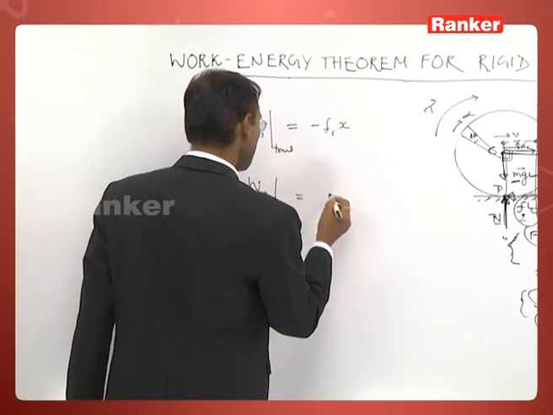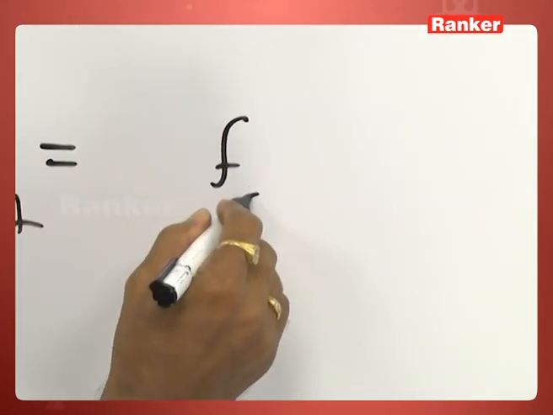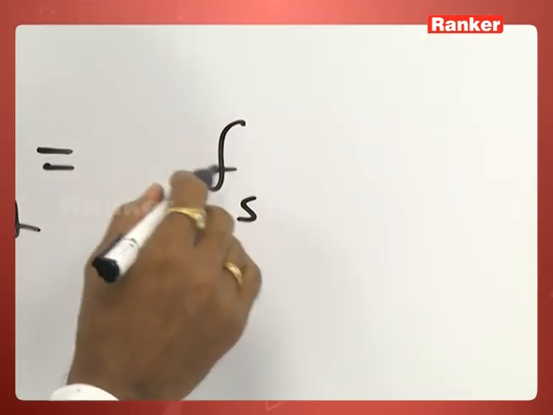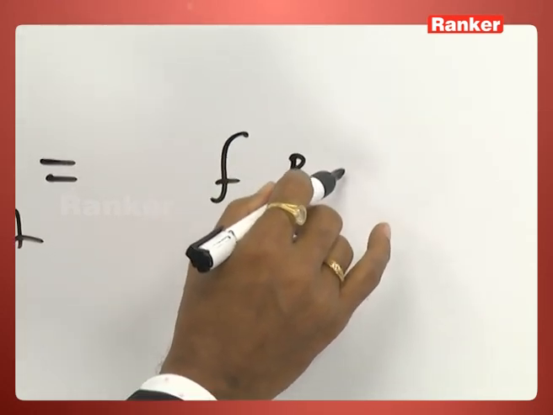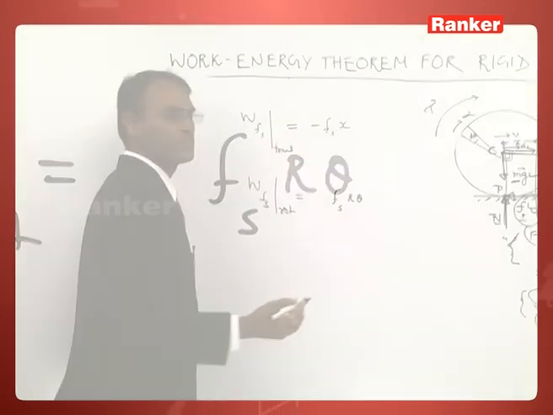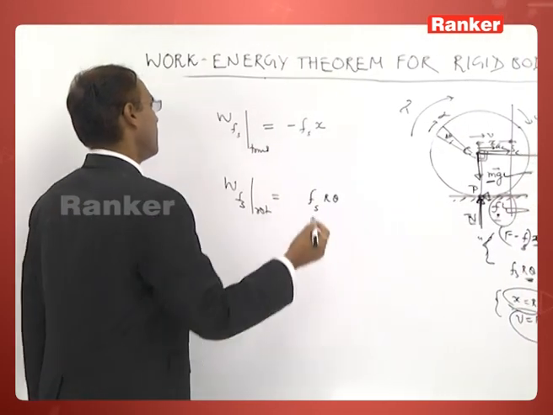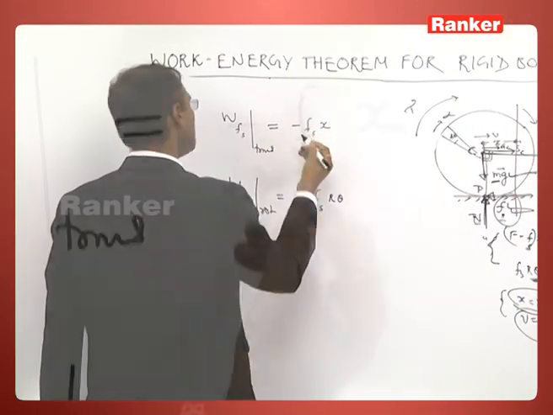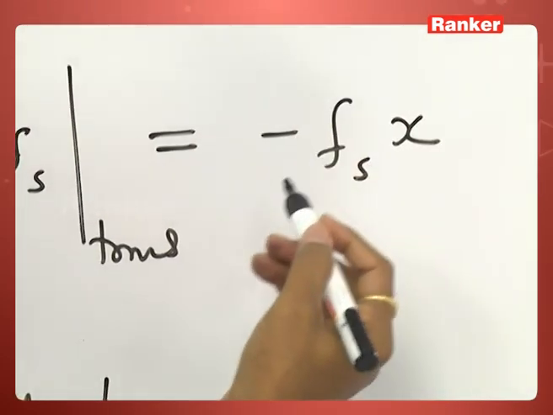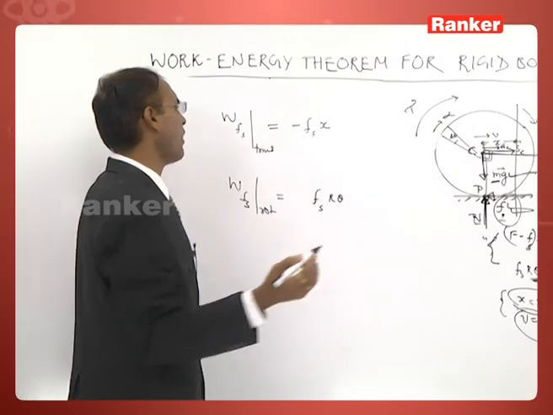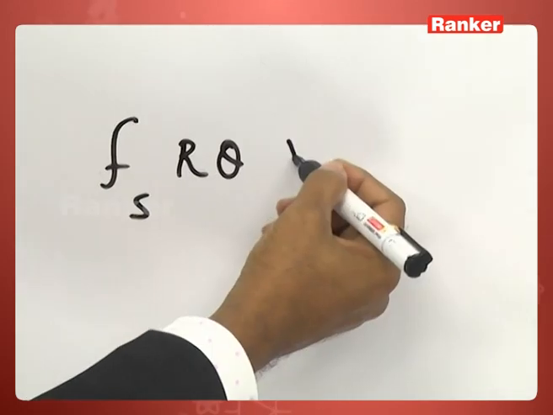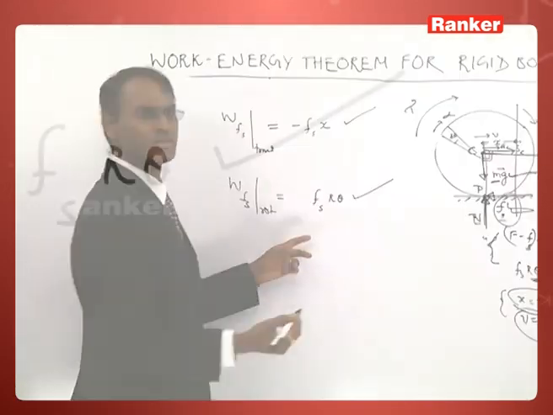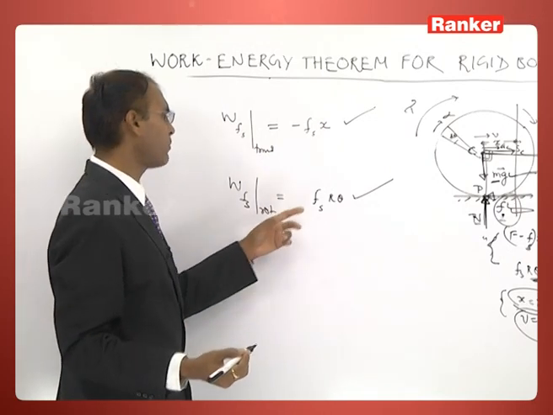And for rotation, it does a positive work, that's equal to Fs into R into theta. For translation, the frictional force does negative work, while in rotating the object, the frictional force does positive work.